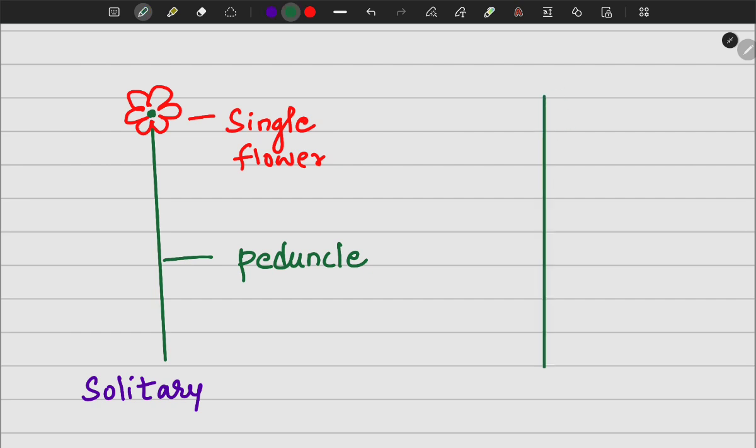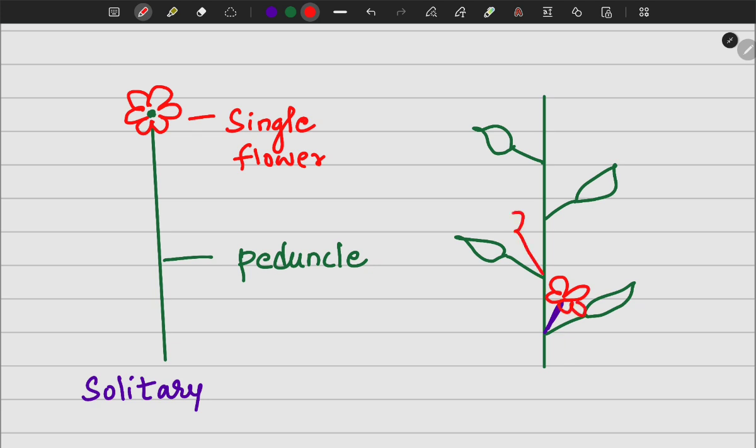And what is axillary then? If you remember, we studied about the axil, right? What is an axil? So if this is the arrangement of leaves on a stem, then we studied about the axillary bud or axil, which is usually present in the angular space between the stem and the leaves, right? So if this is the axil, then the flowers will be born here.